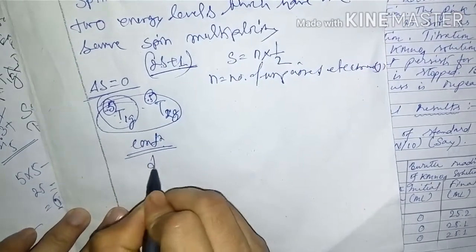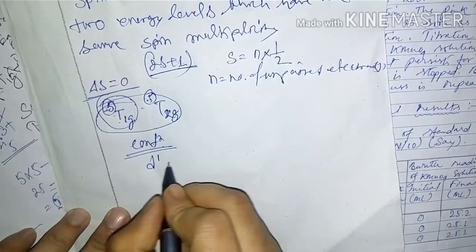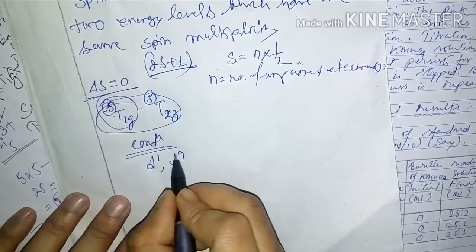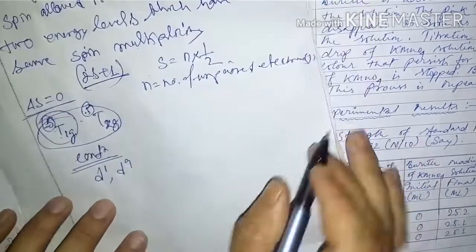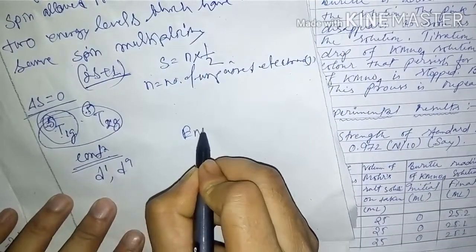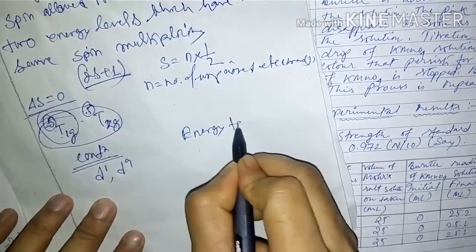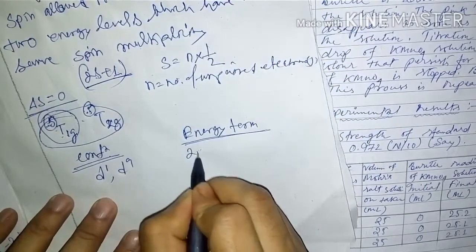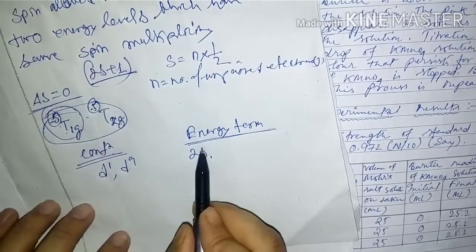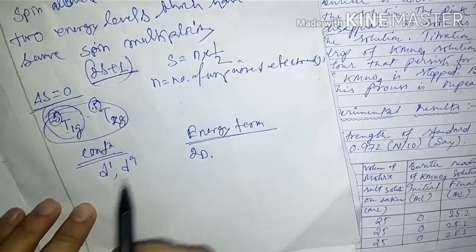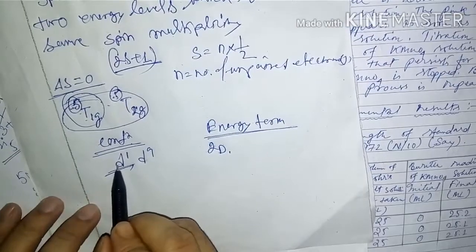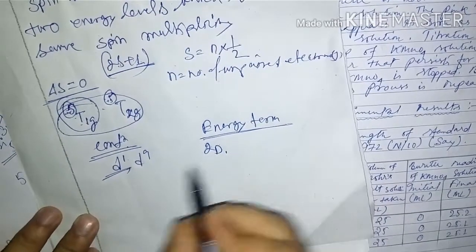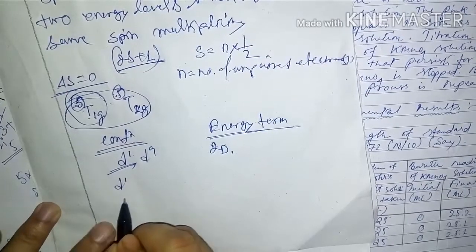Suppose d1 and d9. For d1 and d9, the energy term is 2D. How did this come to be 2D? Now I have to explain this: the d1 term has to be found out.